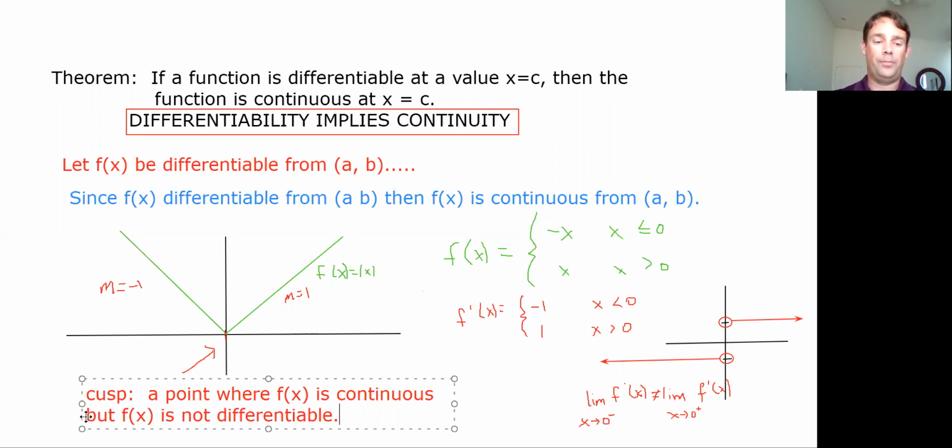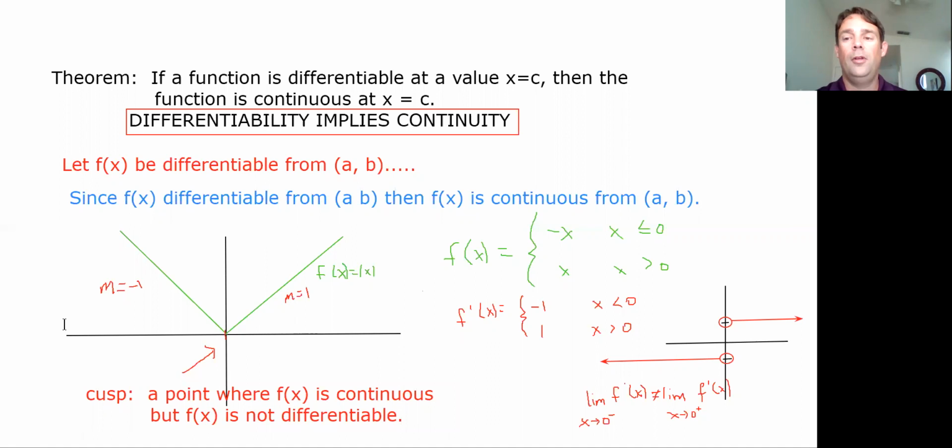That's a cusp. So sometimes you guys maybe learned that an absolute value, you called this a vertex. Well, technically, it's not called a vertex, it's called a cusp. Biggest thing to remember is, hey, just because a function is continuous at a point doesn't make it differentiable. However, if a function is differentiable at a point, it's continuous.